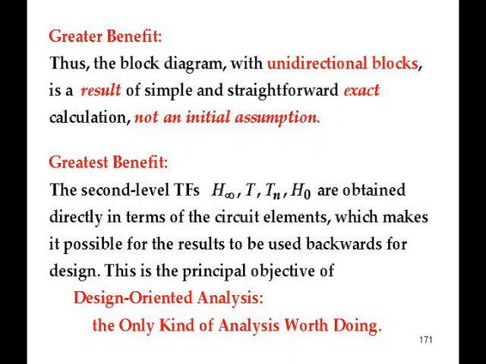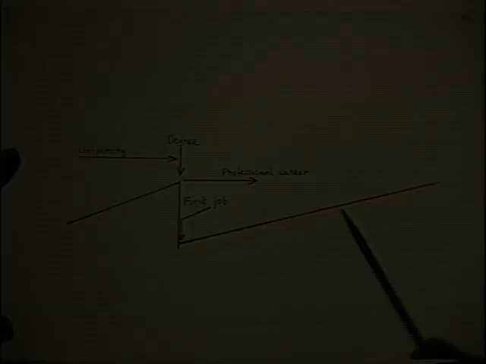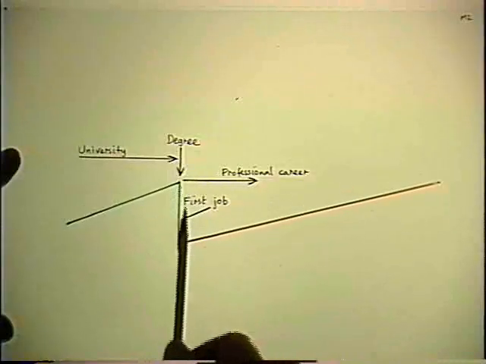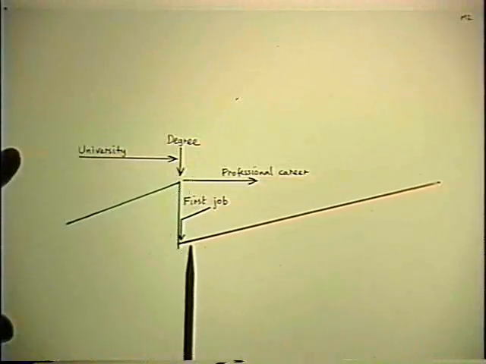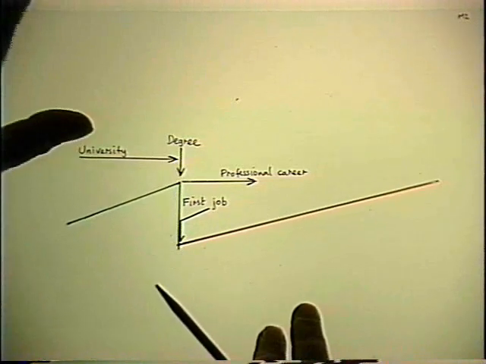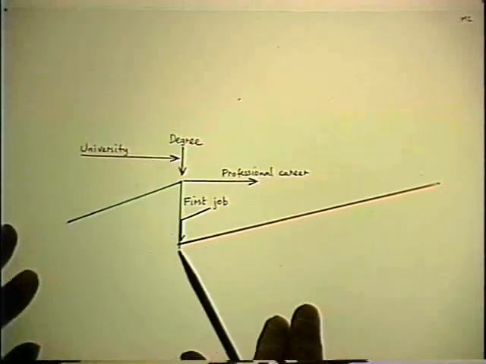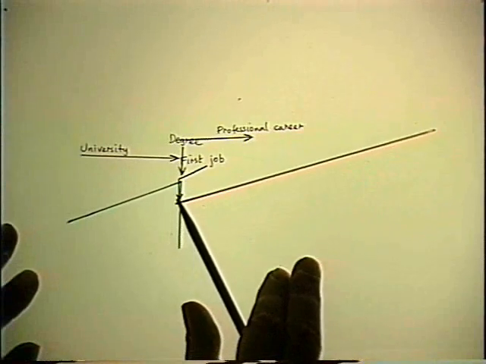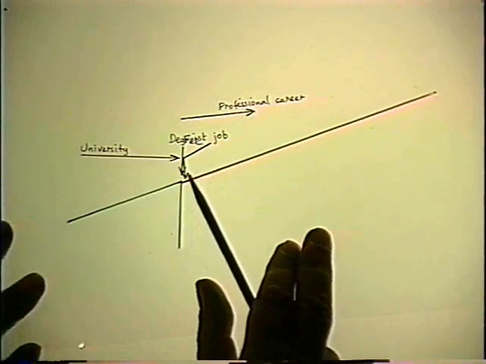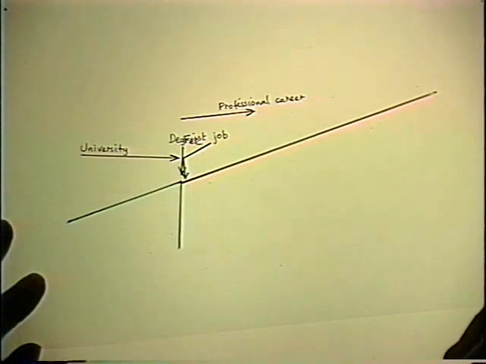So I want to close with another little video clip, which is what I say at the end of my structured analog design course. It has a little exhortation and incentive at the end of it. All I'm saying is, let's try to reduce the size of this cliff so that when you get out of school, you don't fall so far, and maybe you can maintain continuity of slope.